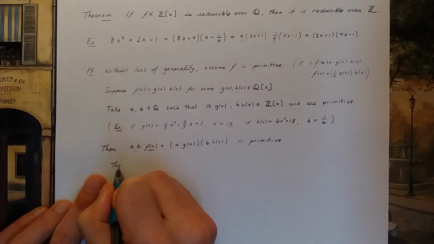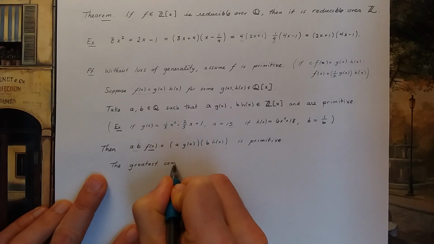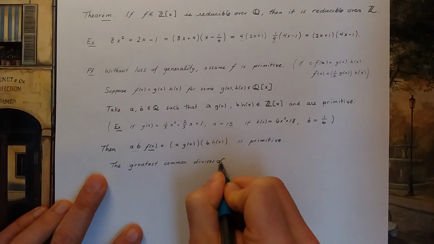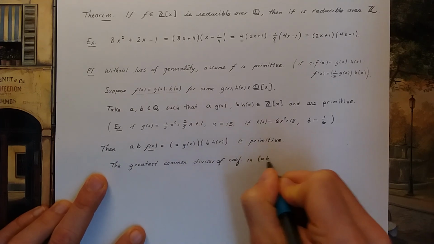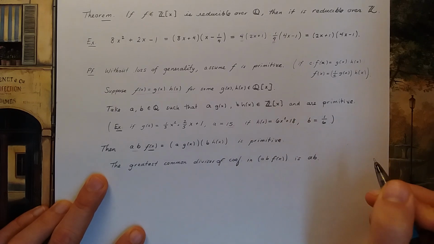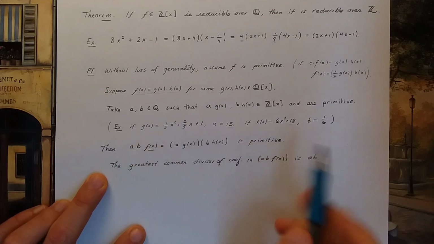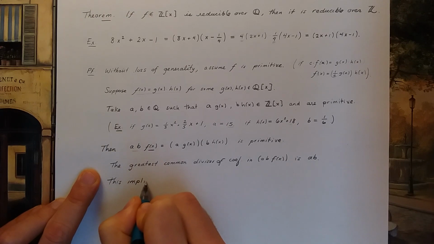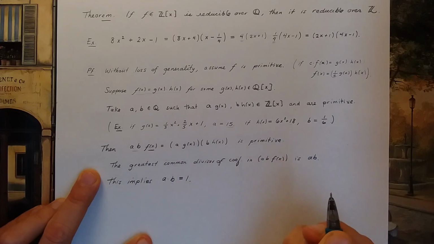So the greatest common divisor of the coefficients in ab f of x is ab. However, ab f of x is primitive. This implies that a times b has to be equal to 1.